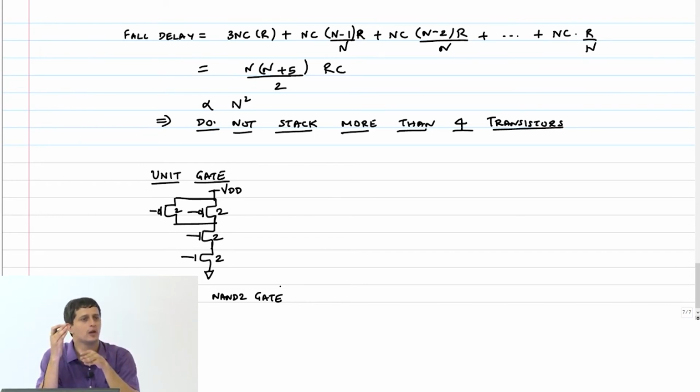For a NOR it will be 1, 1, 4, 4, which is my unit gate. These gates unfortunately are not sufficient to solve my timing constraints, because they have limited driving capability. The current is limited by the fact that the width is 2, right?